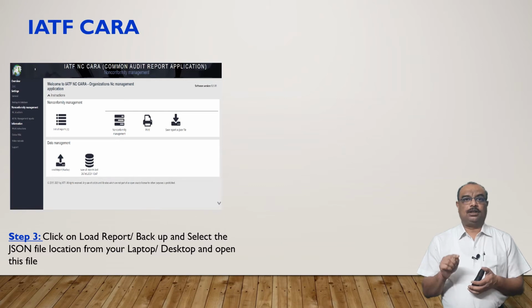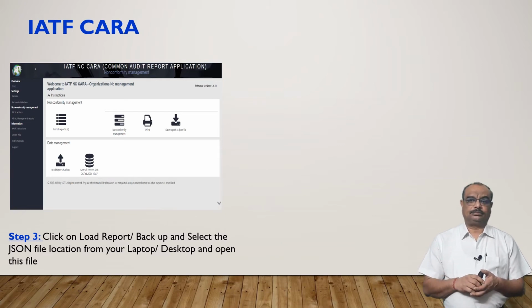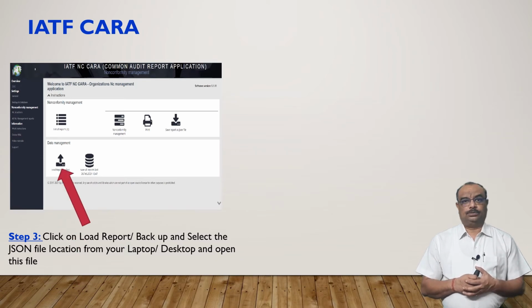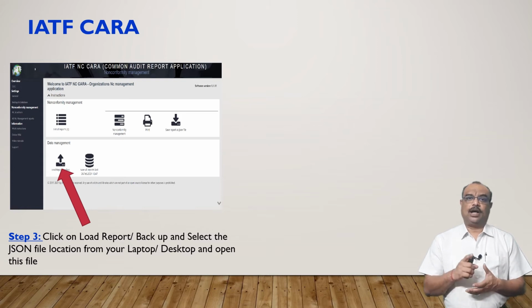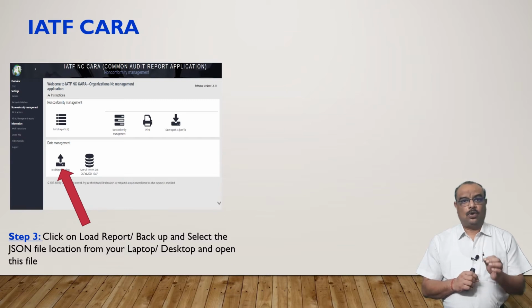There is one option, load report and backup, as I have marked with this arrow. This arrow will guide you where you have to click. Once you click on load report or backup, it will ask for the location where you have saved the file. Just route to that file and click on open.